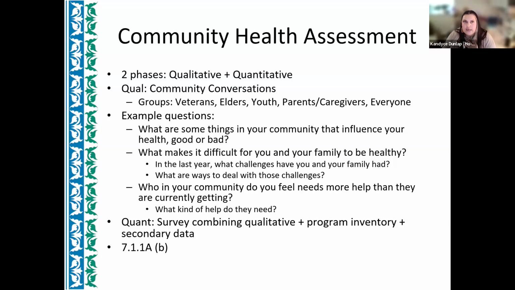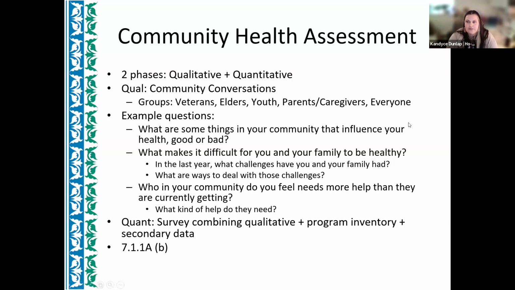And if we find that the community conversations have identified something that we actually provide, is it mostly just a matter of people not knowing that the service is available? So we want to wrap all of that into a hopefully not too long survey. And as I mentioned, we're still in the assessment phase. So everything in this is really in that 7.1.1a component of it.